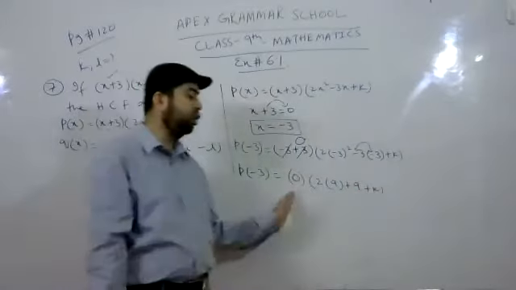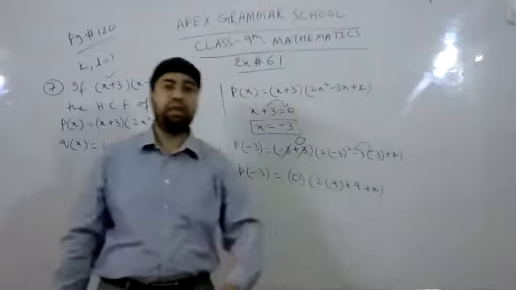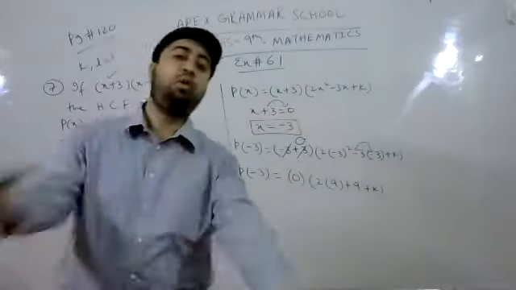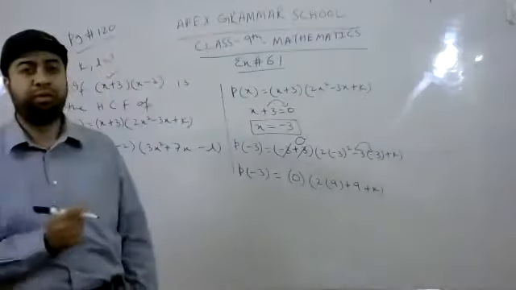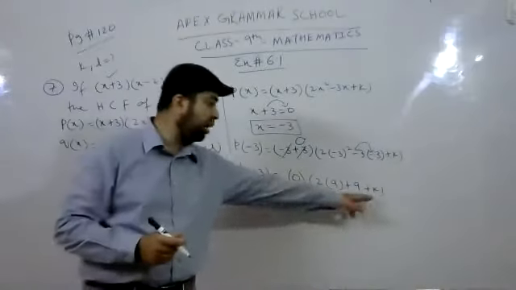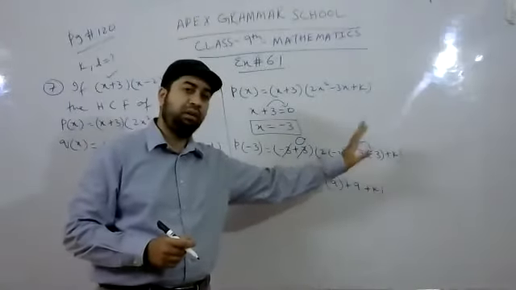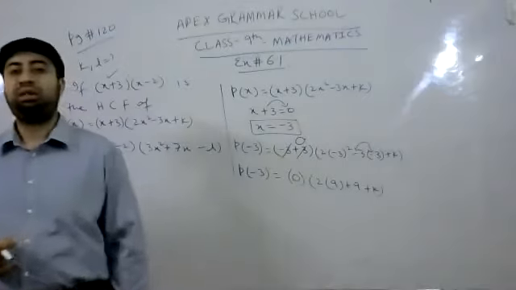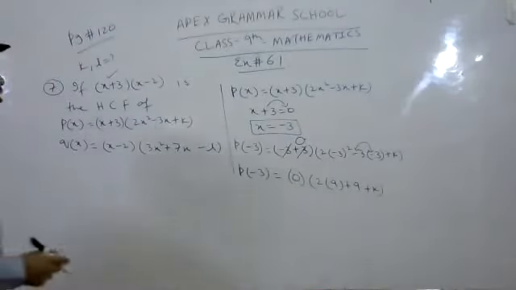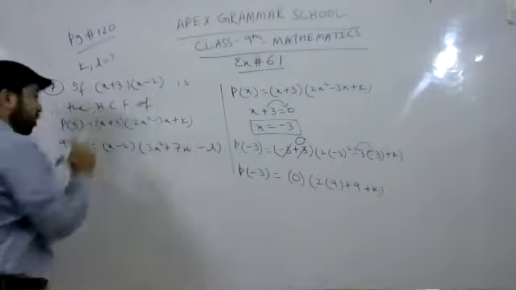You can see that 0 will multiply to all of them, and we are left with no value except 0. How can we find the value of k here? Even k will be 0. So this is not true. So this factor will not work.